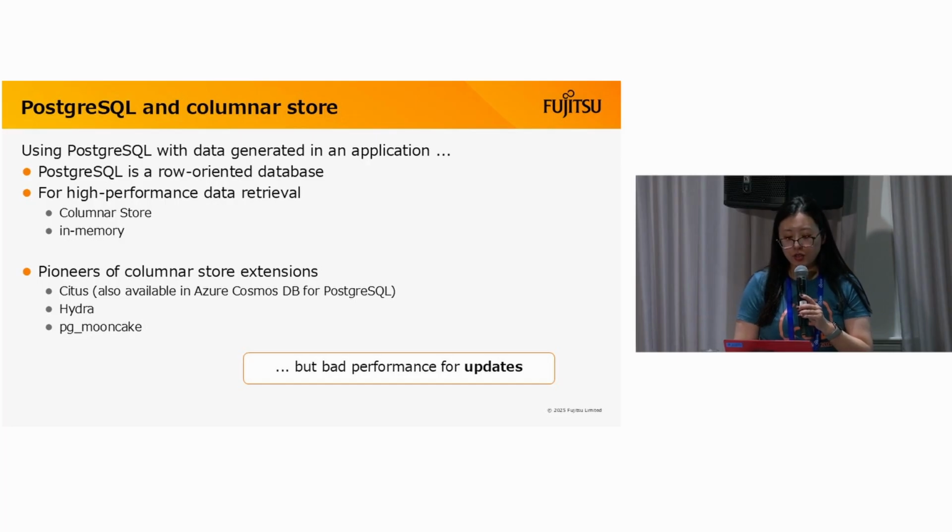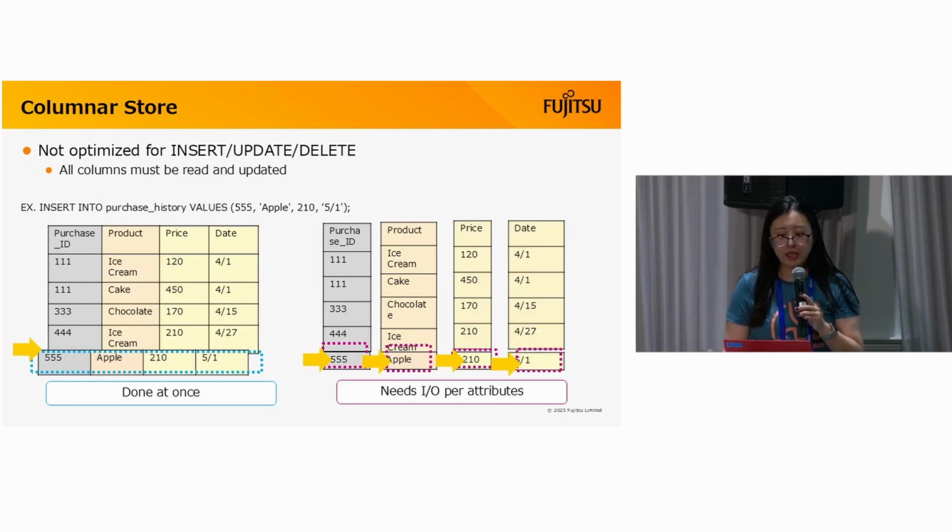These extensions have the characteristics of the columnar store feature, providing high scan performance and compression efficiency, but bad performance for updates. The columnar store is not optimized for insert, update, and delete.